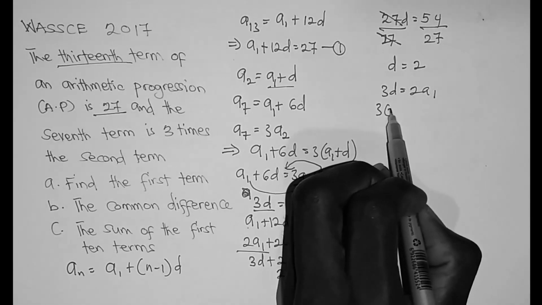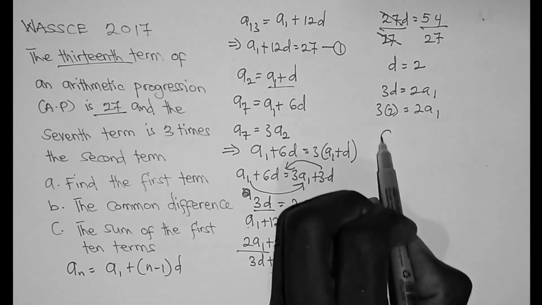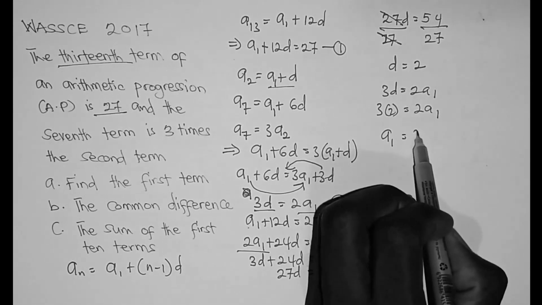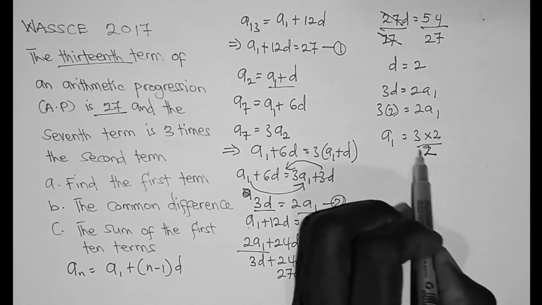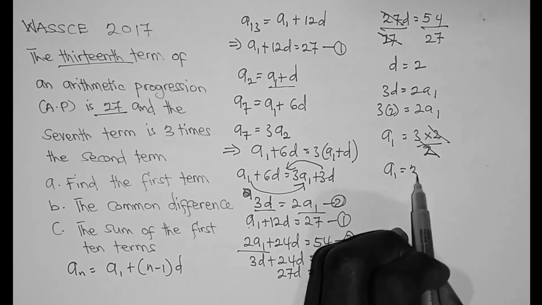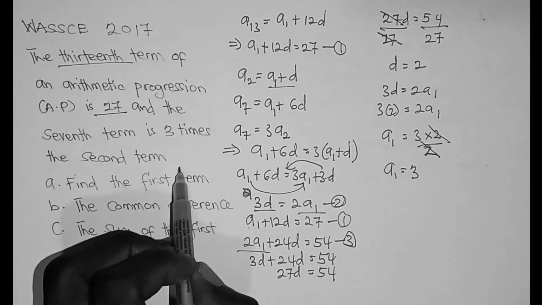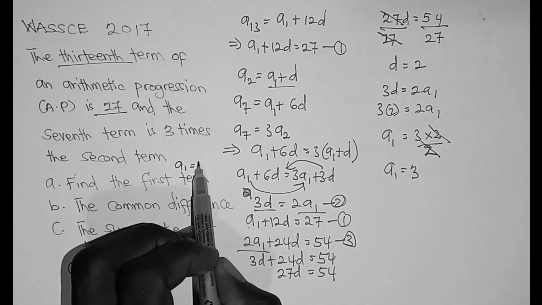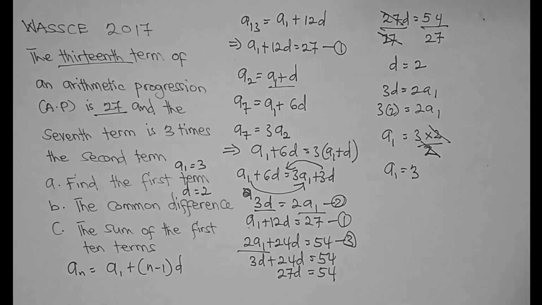So 3 times 2 is equal to 2A1, and therefore A1 is equal to 3 times 2 divided by 2. This 2 and this 2 cancel out, so that A1 is equal to 3. So the first term, A1, is equal to 3, and the common difference D is equal to 2.